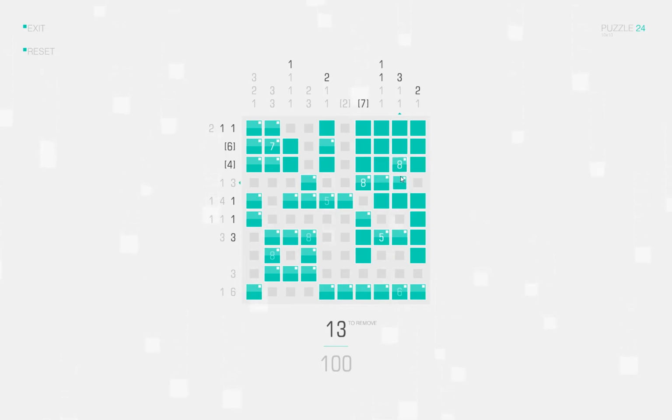This one is a 3 here. We have 2, so it can be this one or this one, but it cannot be this one then. In this column we only have ones, and we have 1 here that is not disconnected, so we disconnect it.